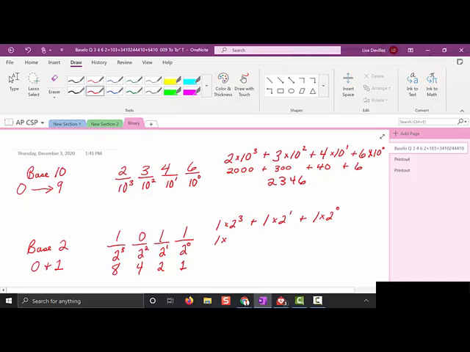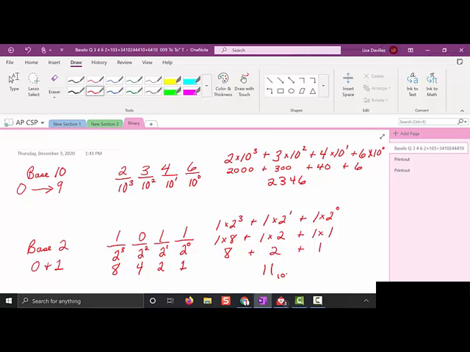So this is 1 times 8 plus 1 times 2 plus 1 times 1, or 8 plus 2 plus 1, which is 11 in base 10. That's how, if I have a binary number, I can convert it to see its equivalent value in base 10.